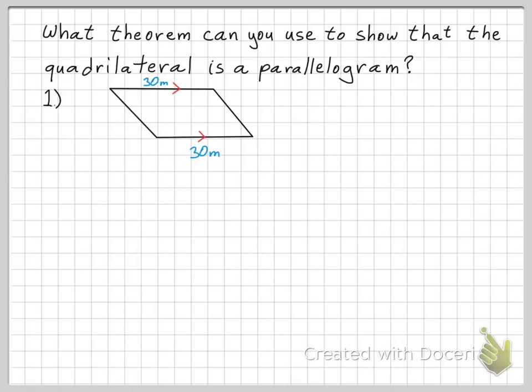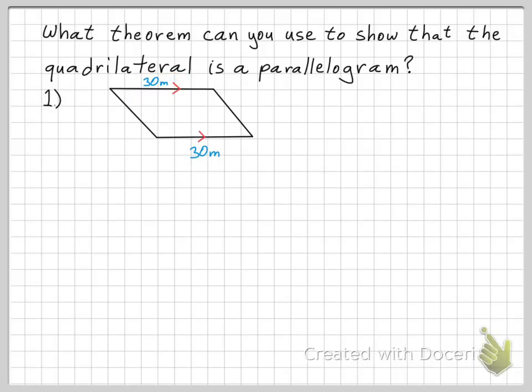Okay. How will these problems be used? You'll have problems like this. What theorem can you use to show that the quadrilateral is a parallelogram? So I have this figure, and I want to show that it's a parallelogram. Looks like they're only talking about one pair of opposite sides. I don't know anything about the other pair of opposite sides. And what are they telling me about this one pair?